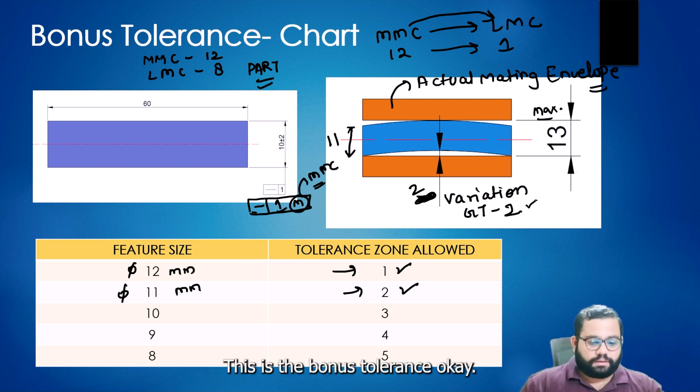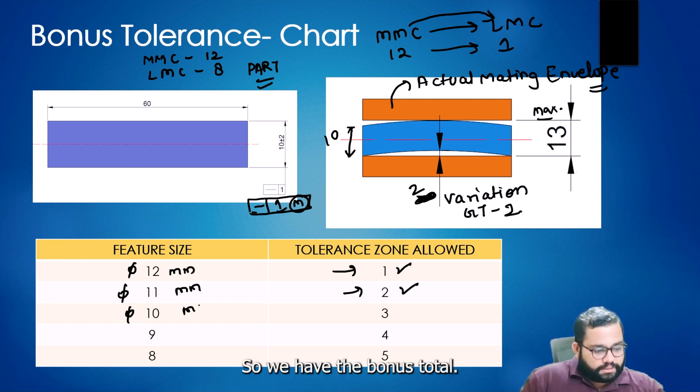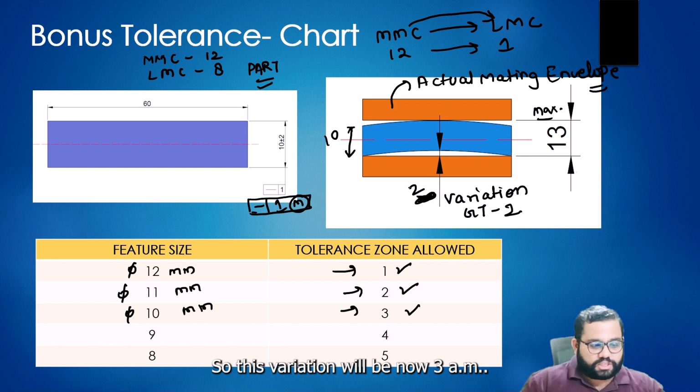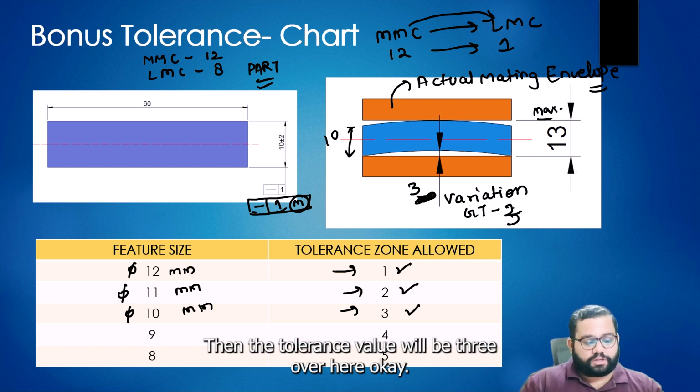Now, let's say the part is manufactured at 10 mm diameter. Then we have a tolerance of 3 mm, so this variation can become 3 mm and the tolerance value will be 3 over here.